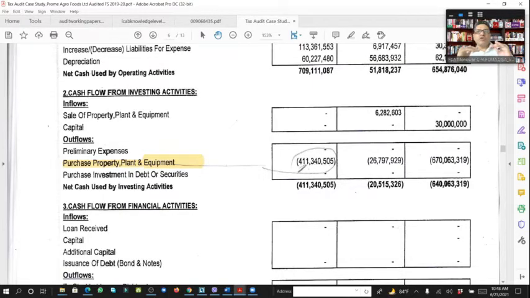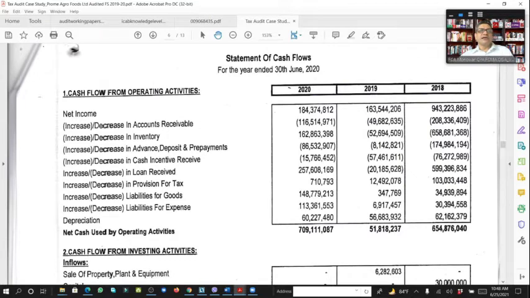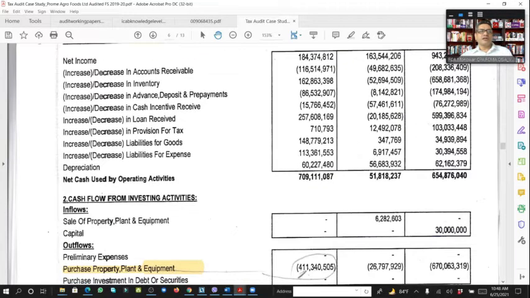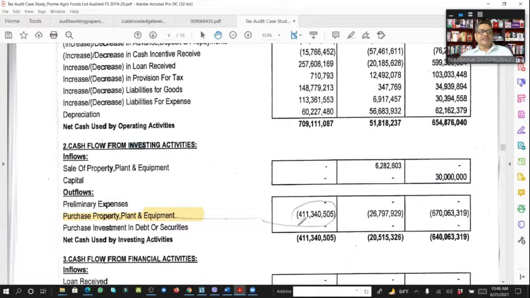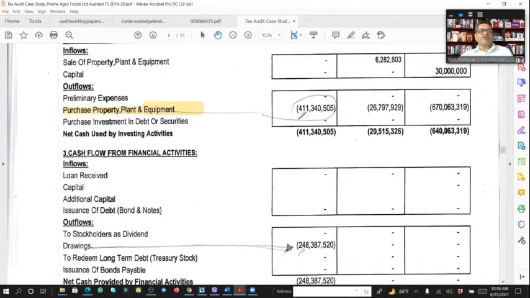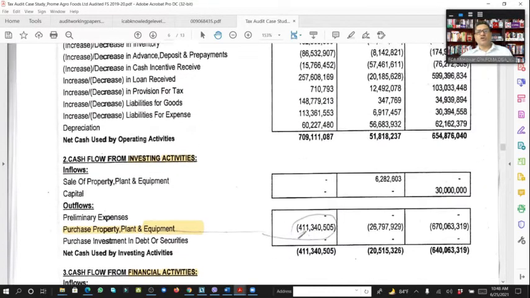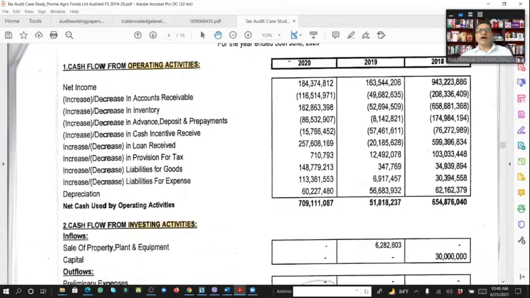So how does the auditor link with that? Cash flow has 3 items: operating activities, investing activities, and also financing activities. And that cash flow is directed by International Accounting Standard 7, IAS 7.